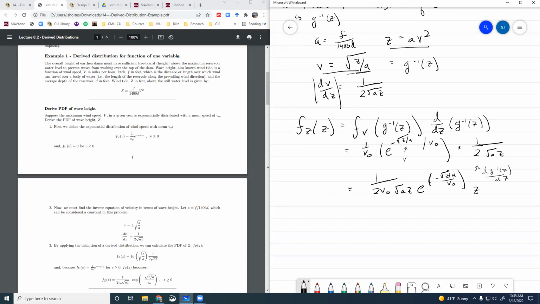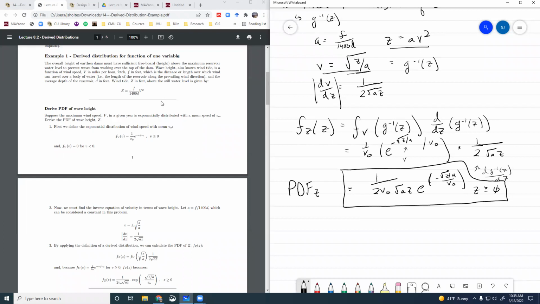And this is for z is greater than or equal to 0. So this ends up being our PDF for z. It's a little bit of algebra, a little bit of calculus there.